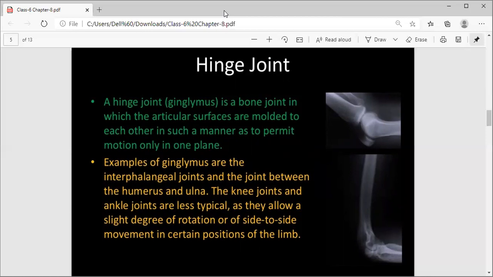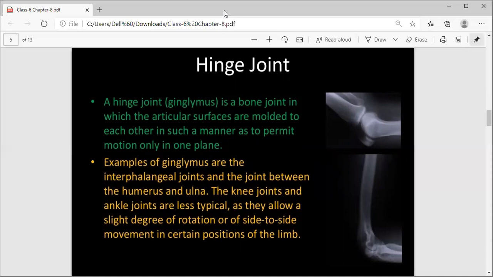Even in your body, when you try to sit, the knee, ankle and elbow all show movement in one direction. That's why we have taken them as hinge joints. I also related the hinge joint with the door. You can give other examples of where hinge joints are present.